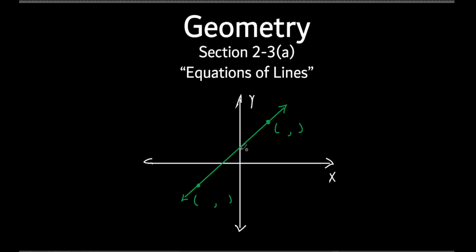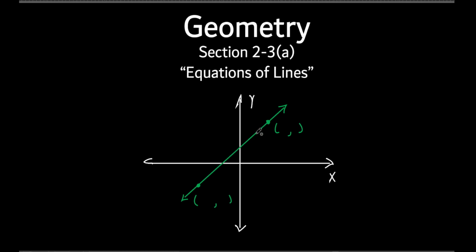It wouldn't be a multitude. There's only one line that goes through those 2 points. You can't have any more. You just have one. Okay? So that's one thing that we're going to talk about. We are going to talk about the slope. We're not just going to talk about that it's a positive slope. We're going to talk about the actual slope that it has.